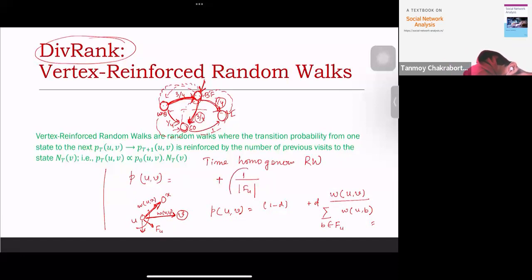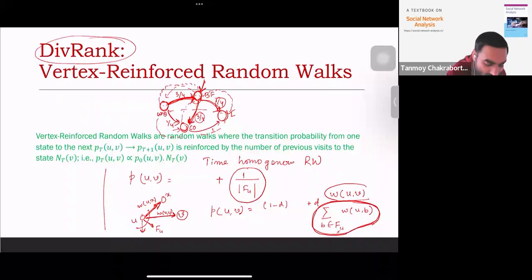This factor, which I earlier wrote as 1 by F_U, I assumed that it is unweighted, therefore 1 by F_U. But if this is weighted, then the total weight of outgoing edges of u is this one. Look at it.